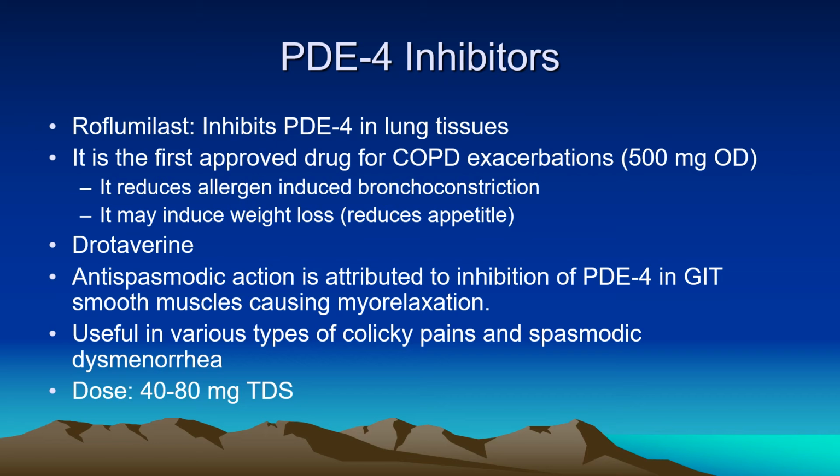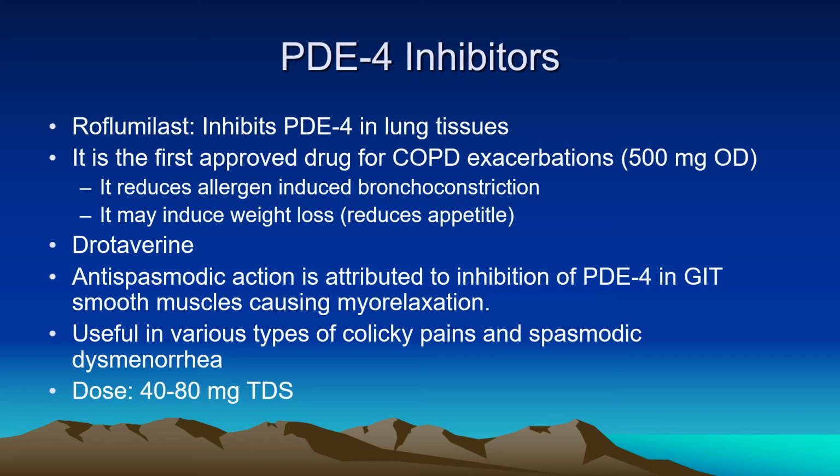Roflumilast is another PDE4 inhibitor which inhibits PDE4 in the lung tissue. It is the first approved drug for the prevention and treatment of exacerbations in COPD. It is a longer acting drug, given as 500 microgram once daily. The drug is found to reduce allergen-induced bronchoconstriction, and it also may induce weight loss as it reduces appetite. The third drug is drotaverine, which is already established as an antispasmodic drug.